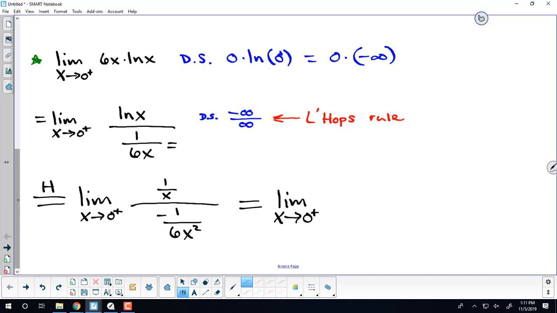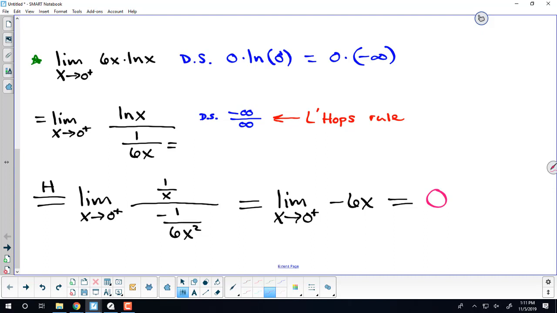So we've got a -6x. And that limit, we can evaluate, of course. That limit is 0.